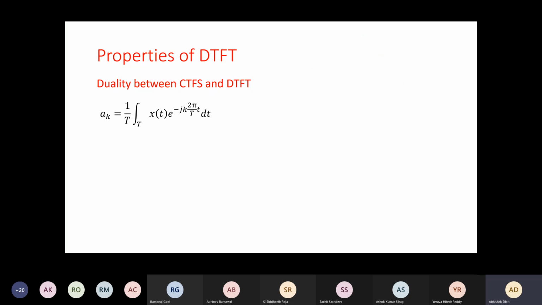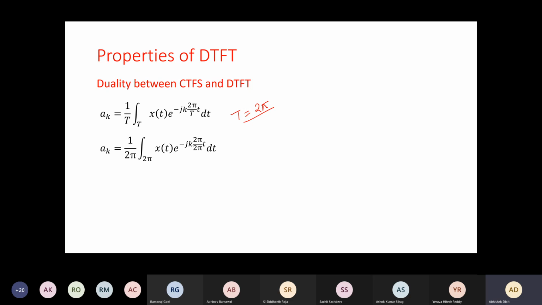Let us do some math. So AK in case of CTFS is this thing, right? We have already seen this expression. Now I could choose T, this capital T, as 2 pi.